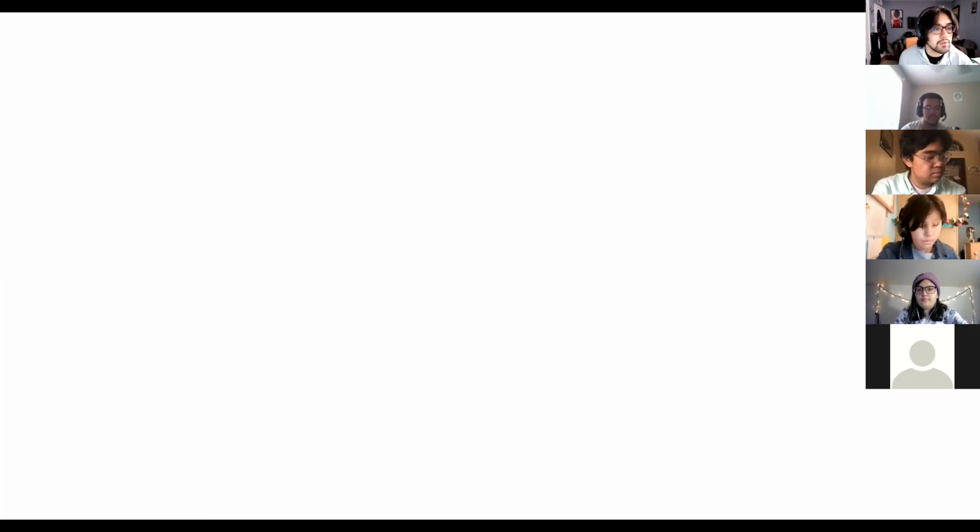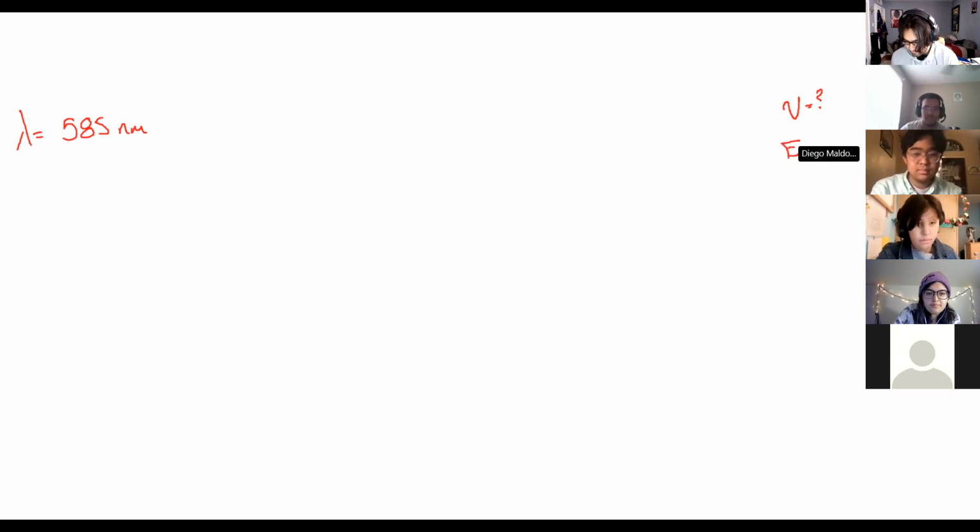We have a light wave with a wavelength of 585 nanometers. And we are also asked, what is the energy of a mole of photons with a wavelength of 585 nanometers?